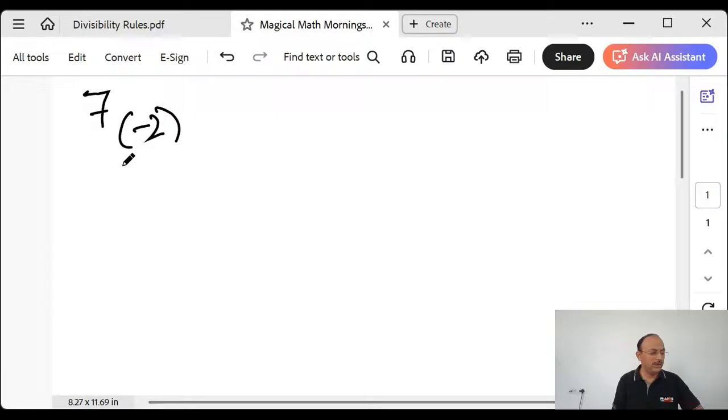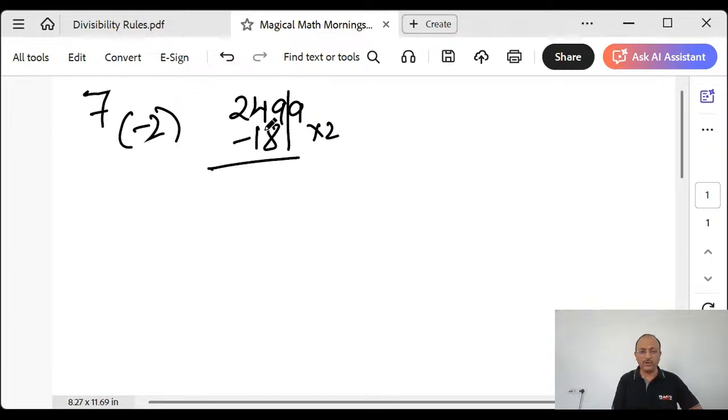What you should remember? Just minus 2. Correct? If you take a number like 2499, for example, what should we do? Last digit you multiply by 2, then 9 twos are 18. The minus symbol is there, which means you have to subtract 18. So what do you get? 9 minus 8 is 1, 4 minus 1 is 3, and 2.